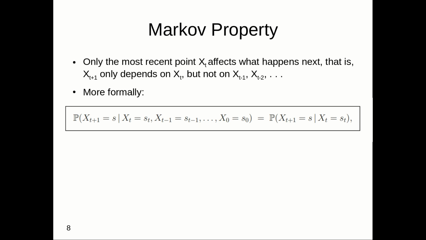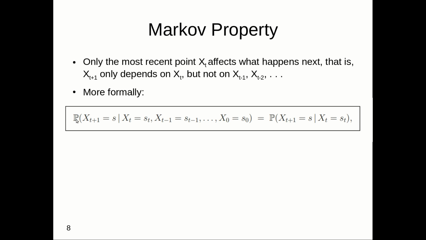Okay, here comes the Markov property, this kind of absence of memory in more formal terms. As I've said before, only the most recent point, xt, affects what happens next. That is, xt plus 1 only ever depends on xt, but not on the previous states xt minus 1, xt minus 2, etc. So how can we write this more formally?